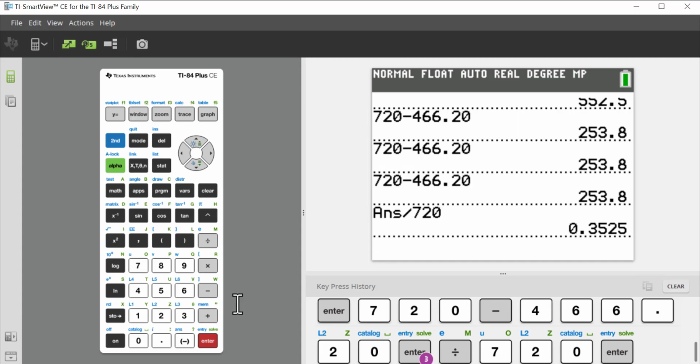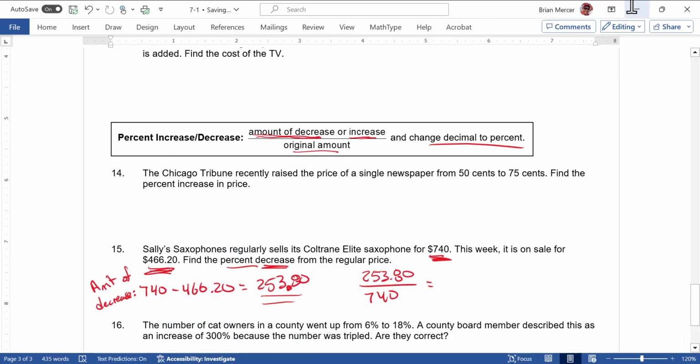And that's 0.3525. So I'm going to write that down, but then I want to convert that decimal to a percent. Remember, that's just multiply by 100. So it's 35.25%. So there's the percent decrease from the regular price.